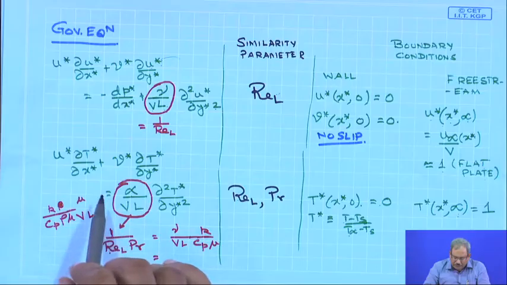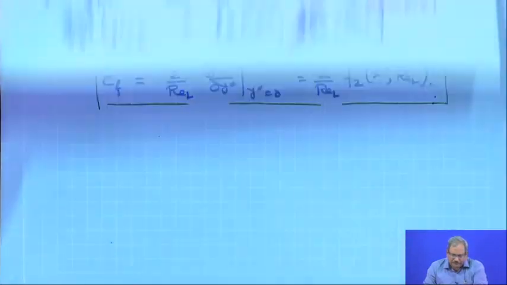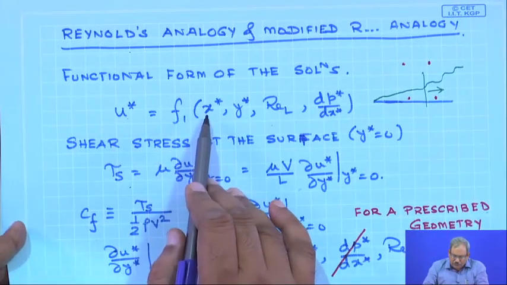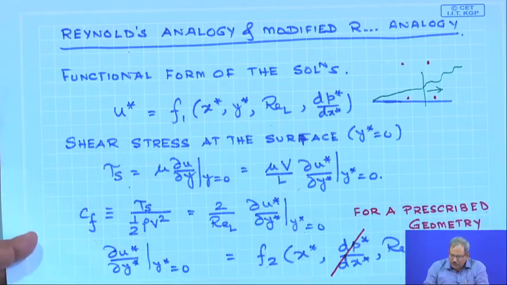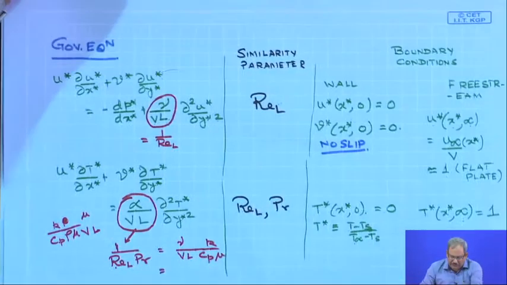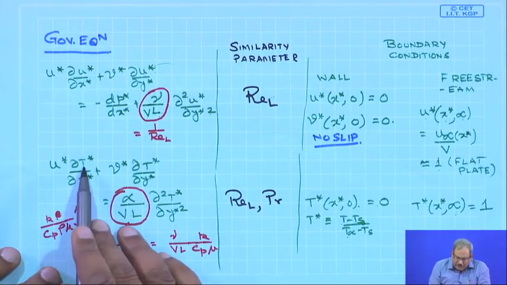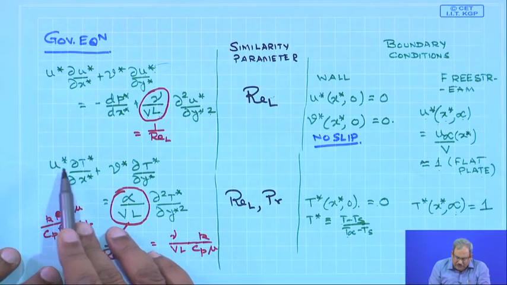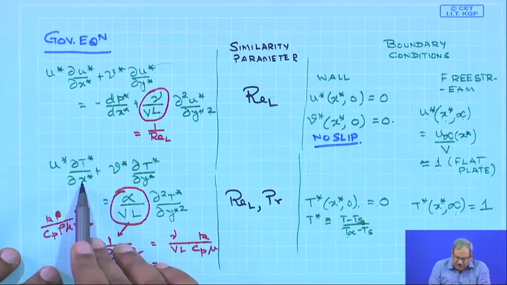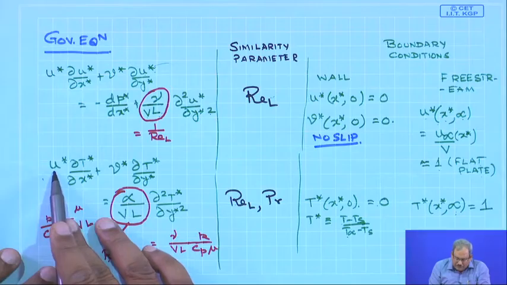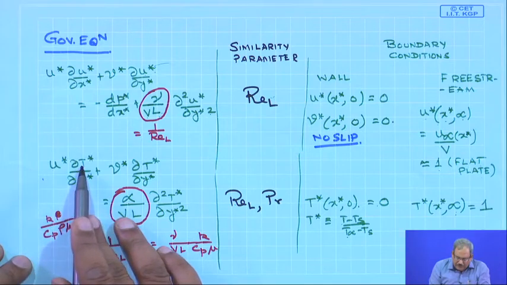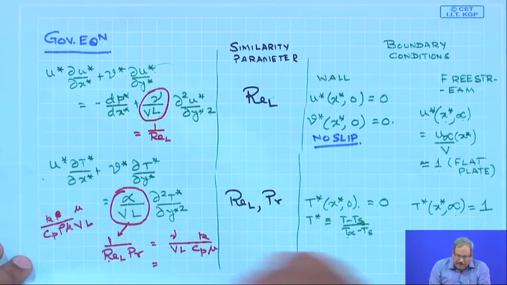For example, in this expression itself, what we have seen is that u* is a function of x, y, Reynolds and dp/dx; once you specify these, u* is specified. So, in the governing equation here, you do not need to write T* as a function of u*, because the moment you write T* as a function of x*, y* and Reynolds number, you essentially specify u*. So, incorporating u* once again in your functional form would simply be a repetition.